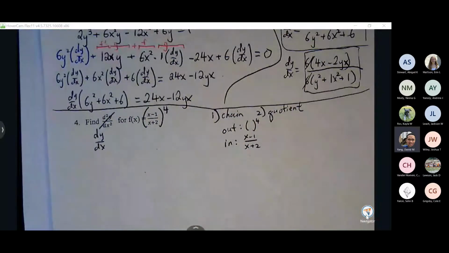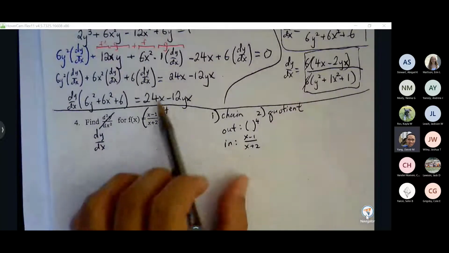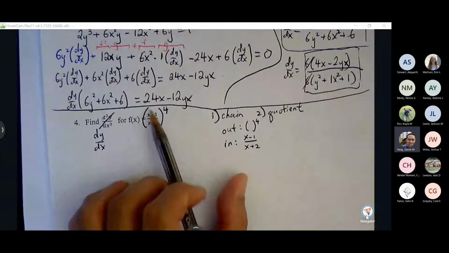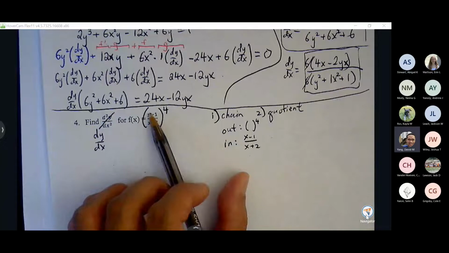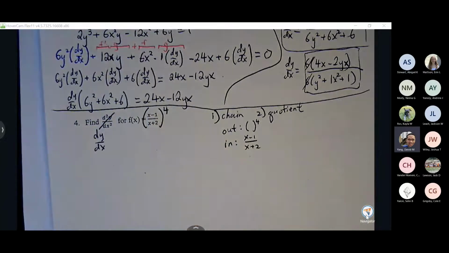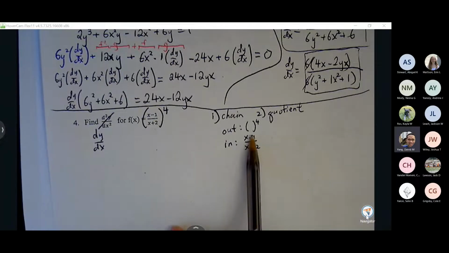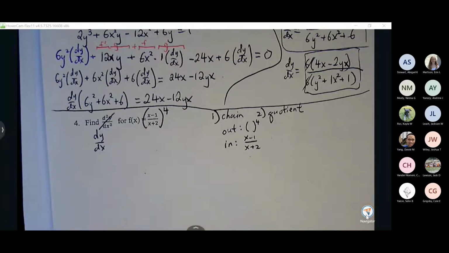So why did you say you could change this to me? Because the parentheses is over the entire problem. Okay. But if the parentheses is only over a portion of the problem, then we want to apply the other rule first. Whichever rule has a further reach, has a larger impact on the problem, comes first. So chain rule first, followed by quotient rule.